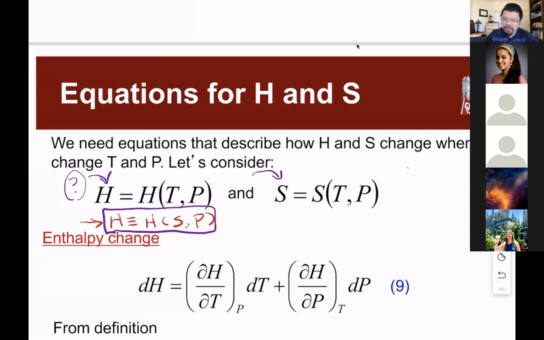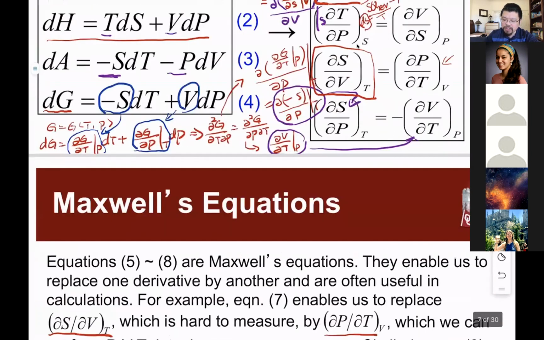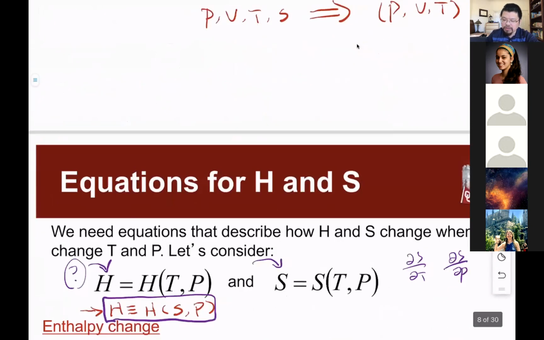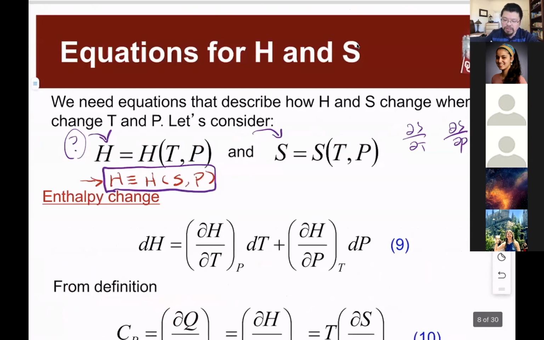We had some ds over dt or ds over dp terms from the Maxwell equation, right? ds over dp, for example, over here, ds over dv over there. So that is also a quite interesting question. What is the exact expression if we try to write entropy as a function of temperature and pressure?